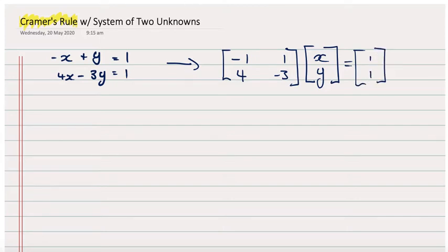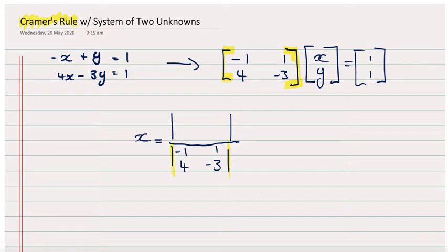Now Cramer's rule states that if we want to find variable x, we can write something called the determinant, which we learnt in a previous video. The determinant of this matrix down below: -1, 1, 4 and -3.